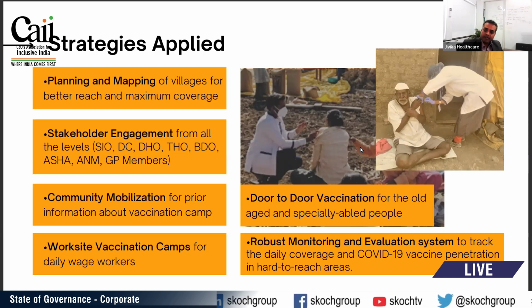And importantly, as it was part of the COVID mechanism, every day we used to have close monitoring of how many vaccinations were going to be administered, based on the population of that particular village and the due list for dose 2 or maybe booster doses. Accordingly, we used to plan how many vaccine vials we needed to carry, and the cold chain maintenance was carried out.